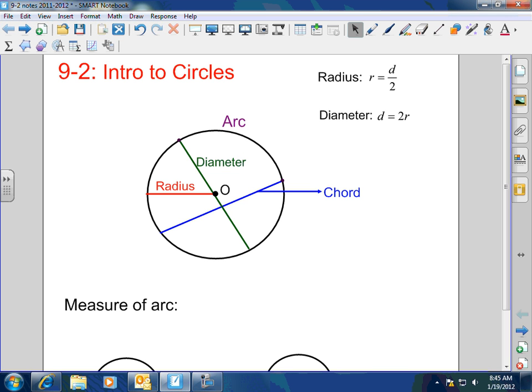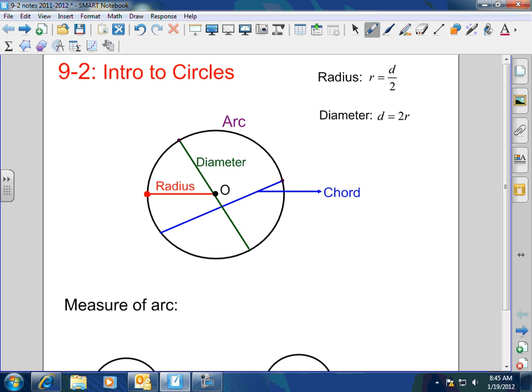I know that everyone has seen circles before and everyone thinks they know what circles are. Let's just make sure that we understand what it is, okay? First of all, let's talk about the radius. The radius is a line segment that extends from a point on the circle's circumference to the center.